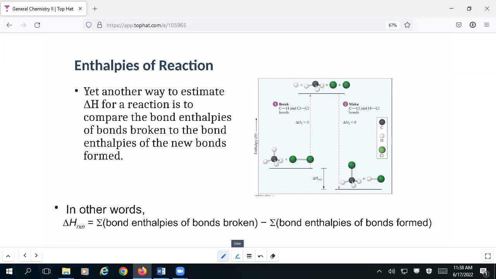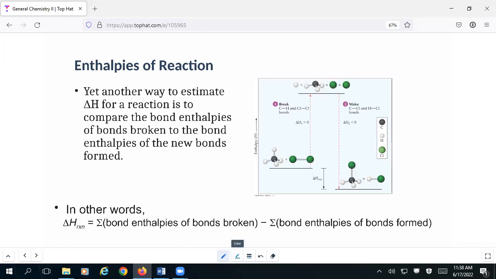changes in enthalpy, because we know that in order for a chemical reaction to occur, we basically have to restructure the molecules. And so if we look at it from the perspective of getting from reactant to product, we're going to have to break some of the bonds in the reactants and form new bonds in the products.